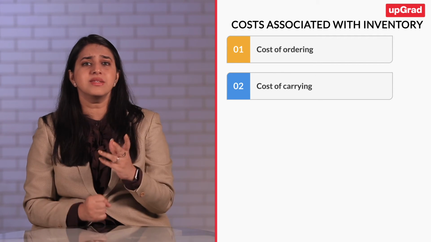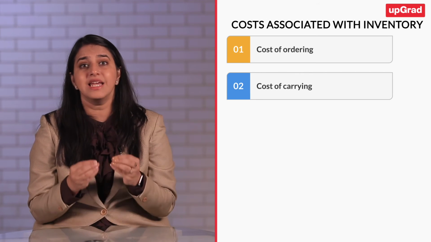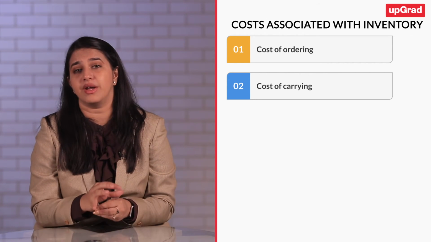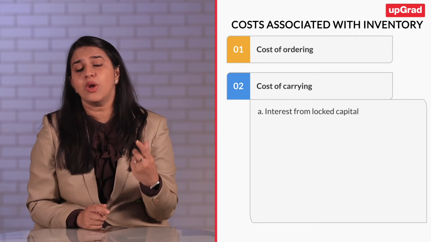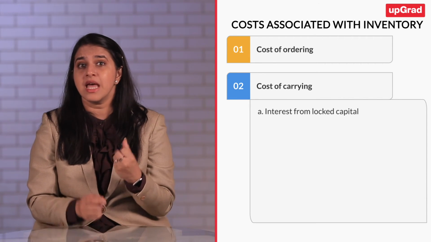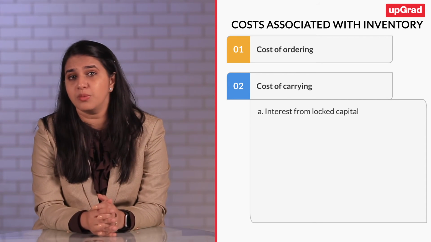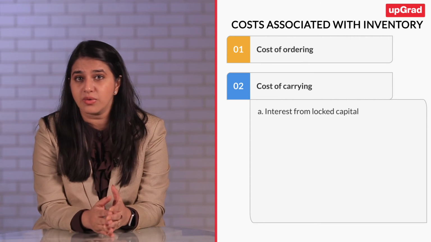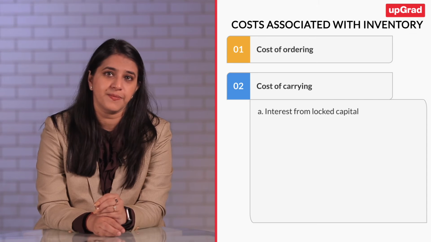So, once the company has received raw materials from the suppliers, they need to store it in their warehouse or factory. The interest from the locked up capital, that is, the interest that could be earned if the amount spent on inventory is kept in a bank account, is a component of inventory carrying costs.